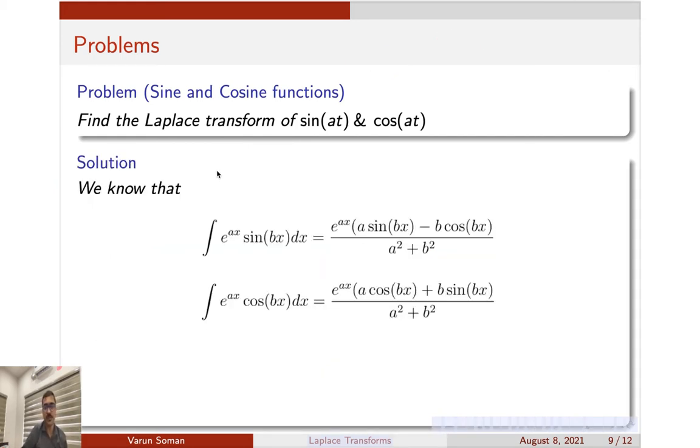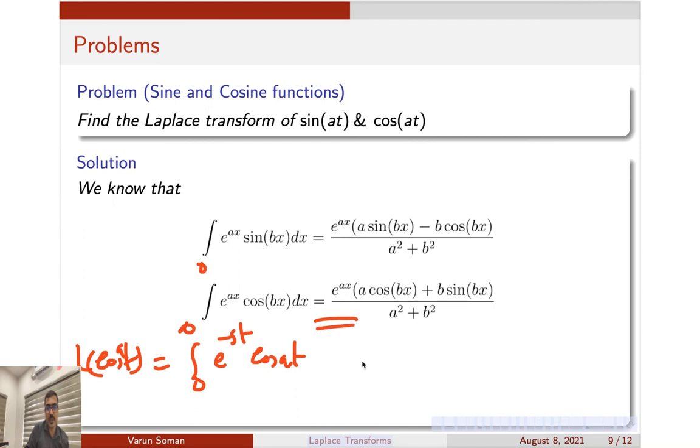Okay, suppose you need to find L of cos at. So it is the integral from 0 to infinity of e raised to minus st into cos at dt. So look at this one. The value of this is e raised to minus st by s square plus a square.